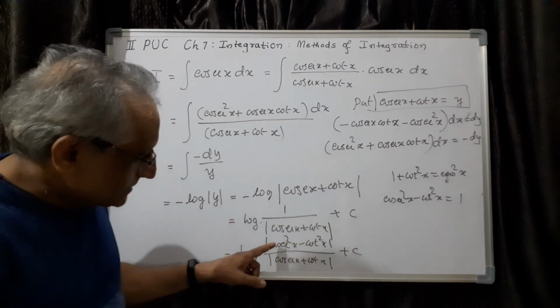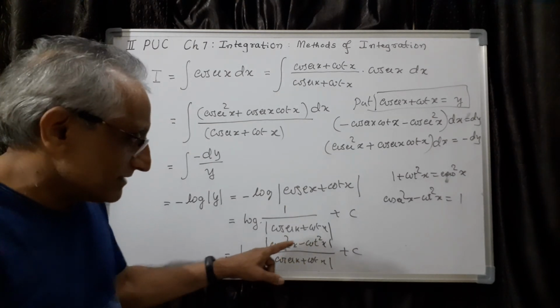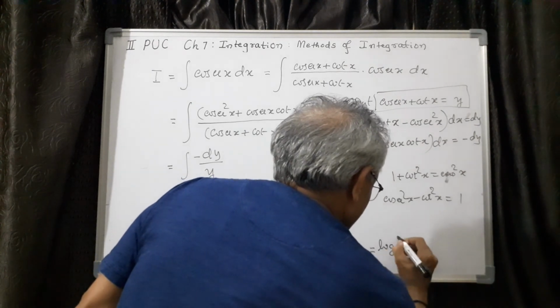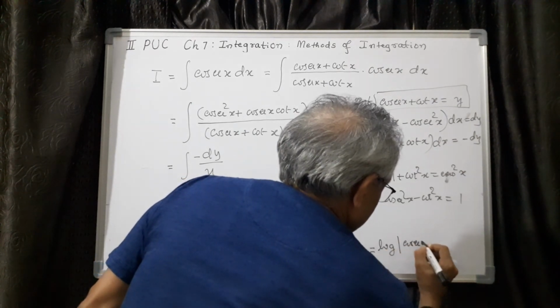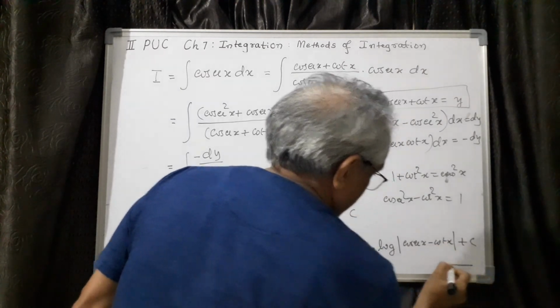Now it is a square minus b square by a plus b, which leaves a minus b. Therefore the final formula is log of mod cosecant x minus cot x plus c. This is the final formula.